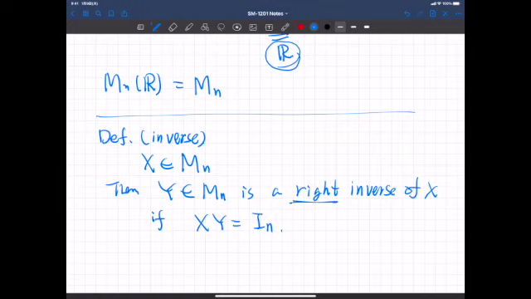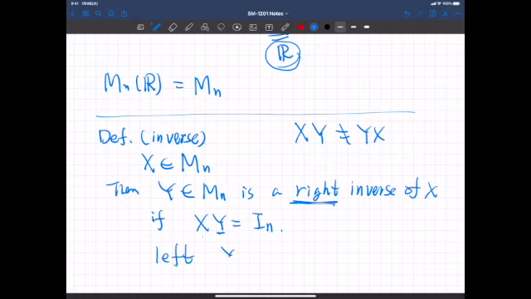Right here means we are multiplying Y from the right of X, because matrix multiplication is not commutative. In general we don't have XY equal to YX. They may be different.